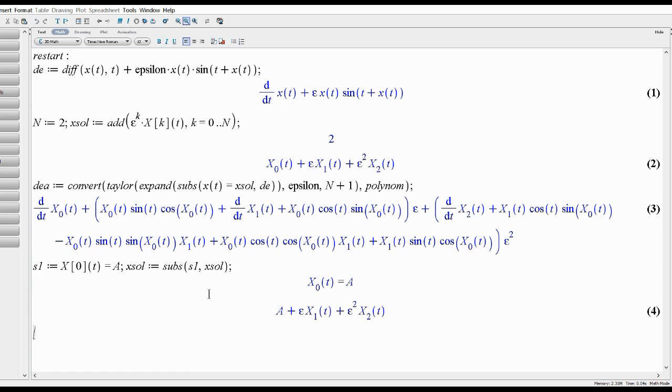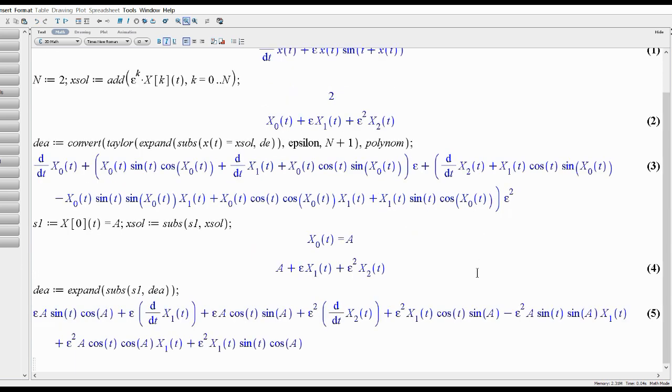So I've substituted that already. So far it looks good, although it will soon break down, and I say dEA is equal to expand substitute S1 in dEA.